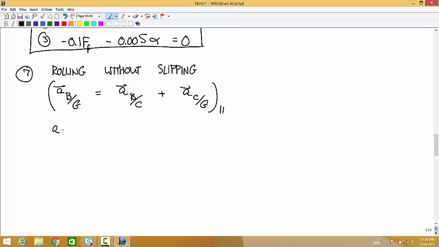And so the acceleration of B relative to C, parallel part, is equal to alpha cross R plus this, but this part is perpendicular to the surface. That's the centripetal acceleration. So we're going to ignore this. We're only dealing with the parallel parts.